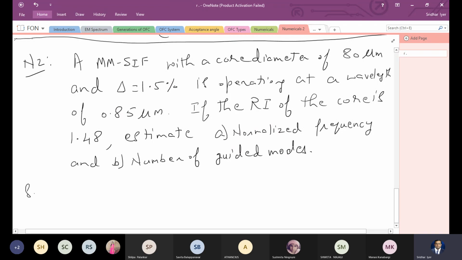I'll give you a couple of minutes so you can look at the equations and see how you can find this answer. It's a simple problem. See how you can solve this. If you have any questions, you can ask me.